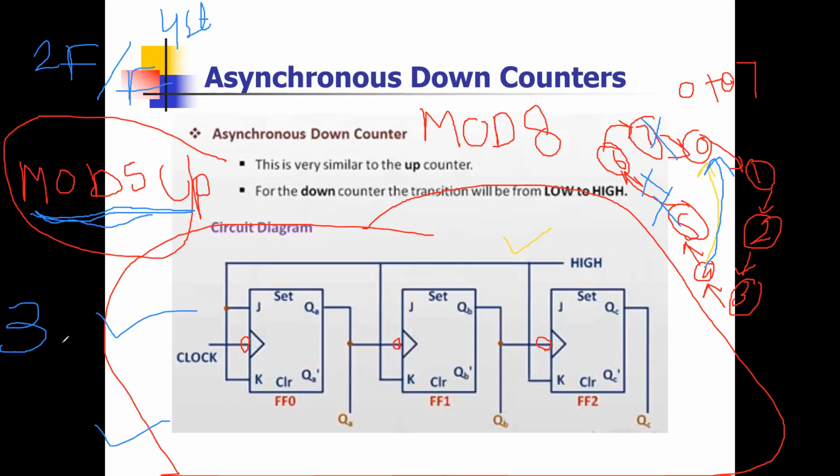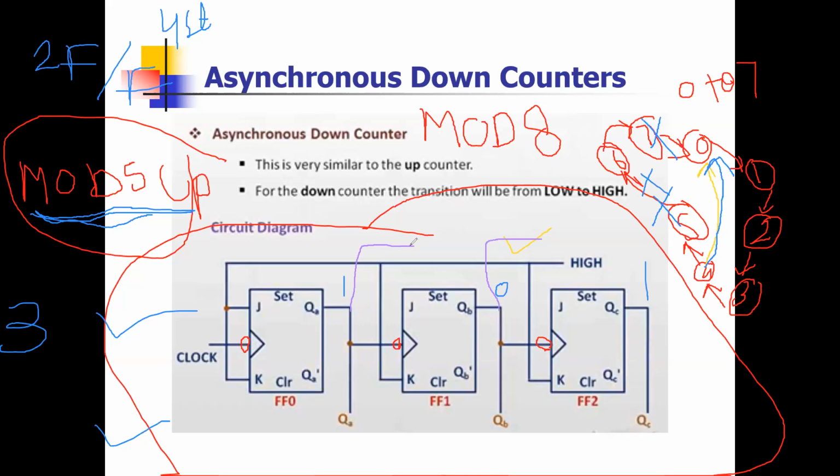Yes, I will use this reset. That means whenever I get 1, 0, 1, that is 5, do you know what I will do? I will take a wire from this output.